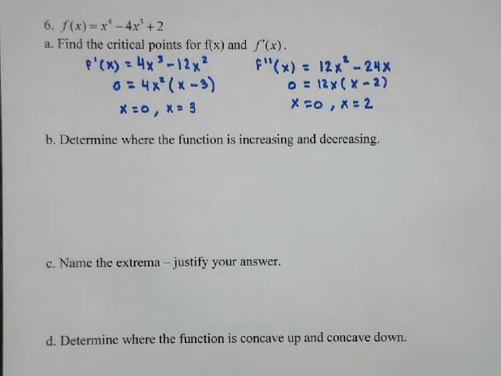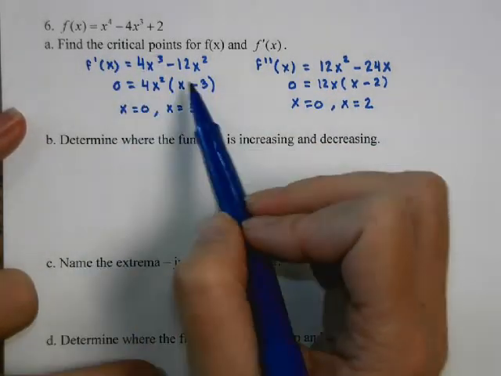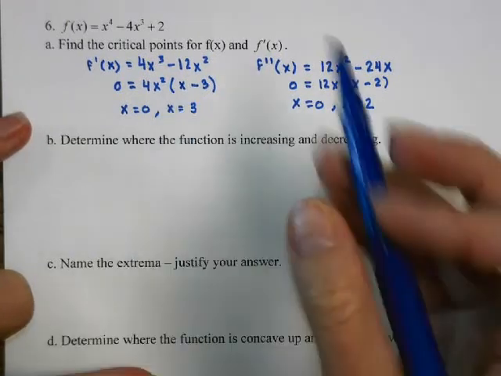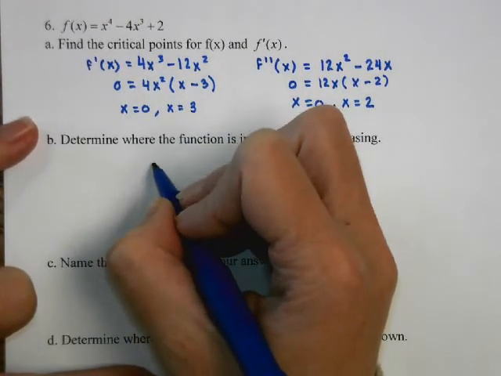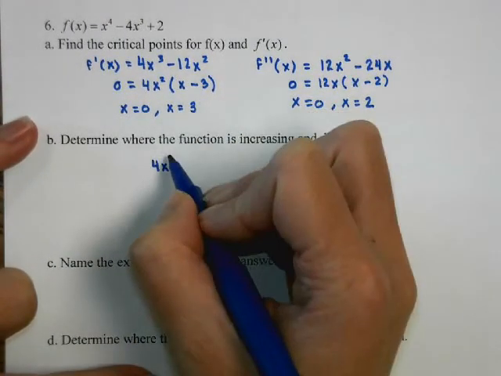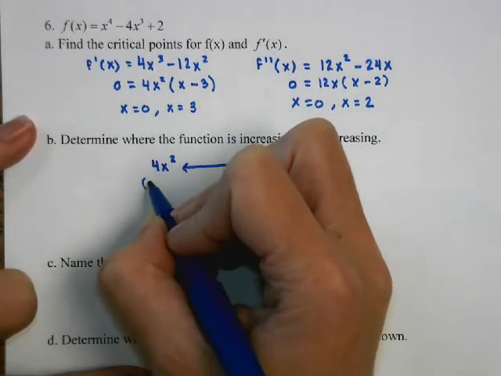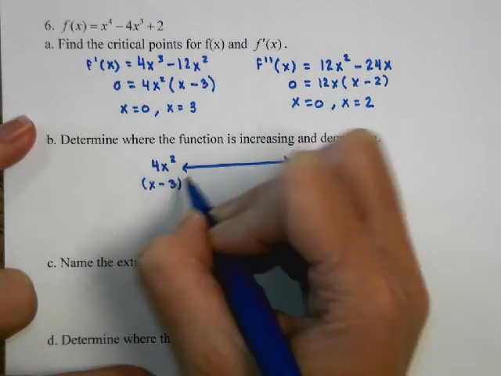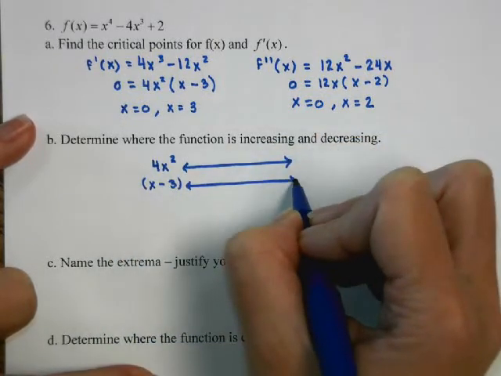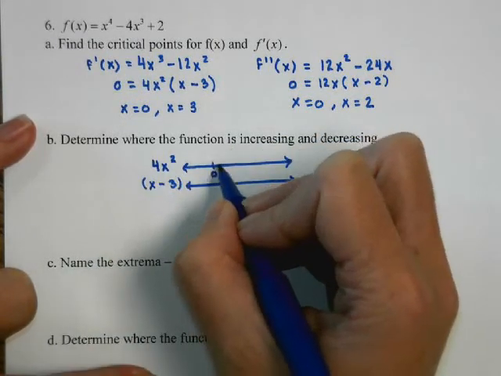Now, determine where the function is increasing and decreasing. So we're going to go to the first derivative. I'm actually going to use this factored version to come up with what's happening. Make a number line for each factor, which in this case there's just these two. This one is 0 at 0.